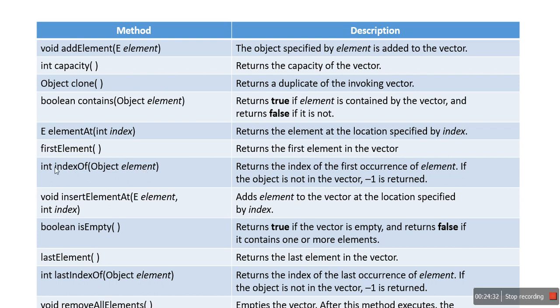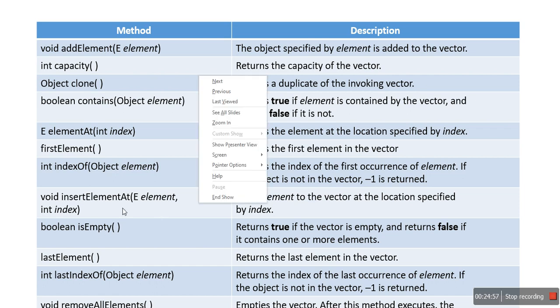If we have a vector v and indexOf some element, and that element is present within the vector, it returns the index value. That is why the return type is int. If the element is not present within the vector class, it returns -1.